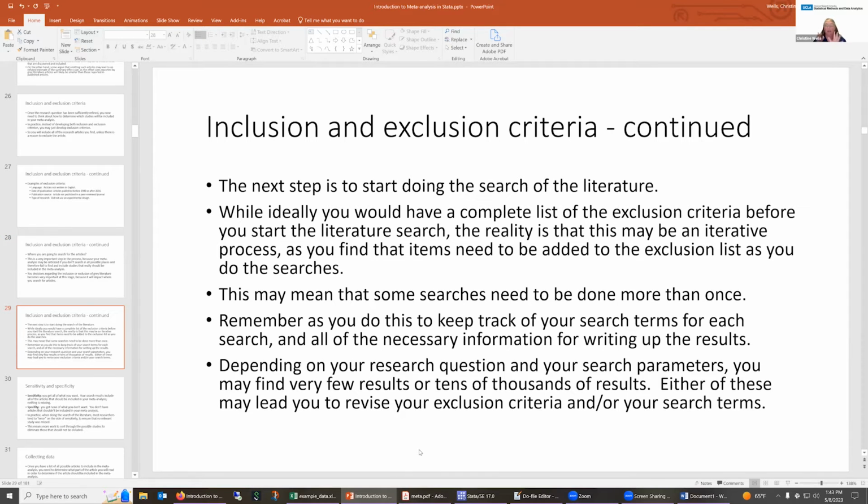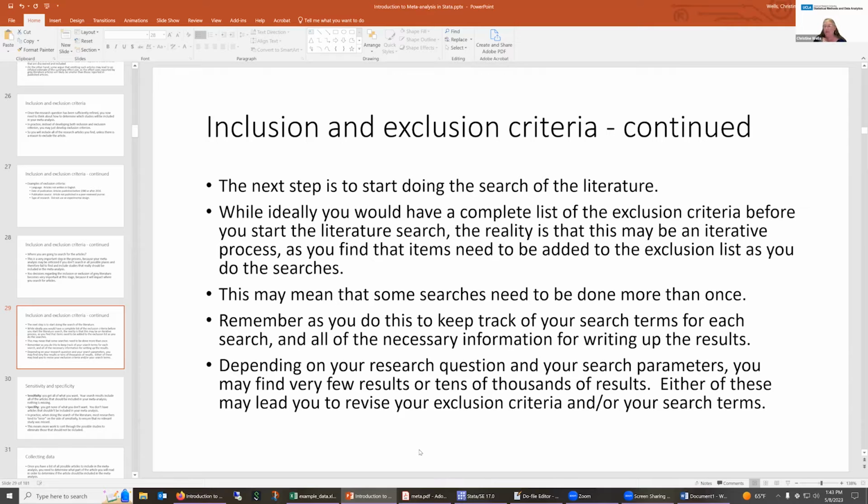So you go ahead and you start doing this search. In the perfect scenario, you would have a complete list of the exclusion criteria before you started searching the literature, but that might become an iterative thing too.